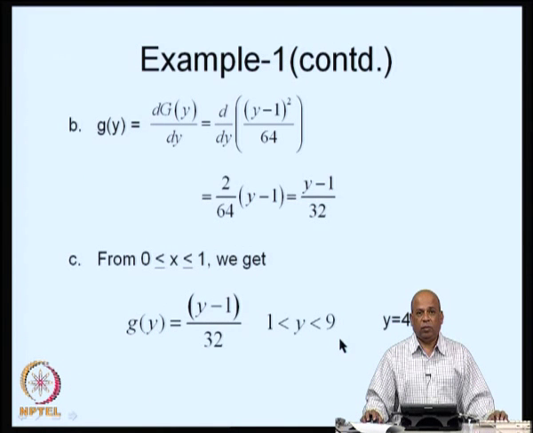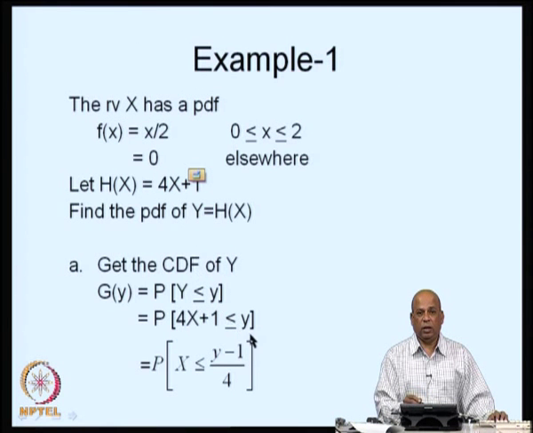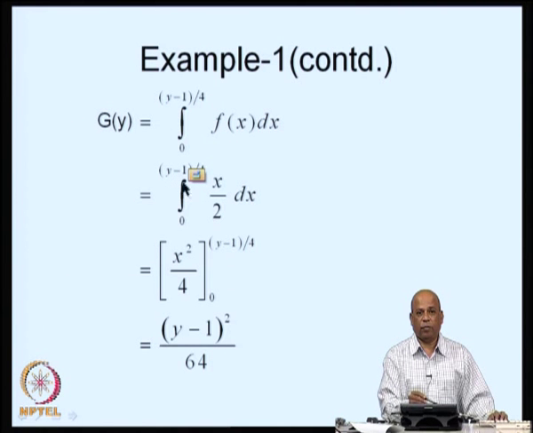Now, you know f of x, which is the density function of x, and you are interested in the probability of x being less than or equal to (y minus 1) by 4, where x varies from 0 to 2. So, we integrate the PDF f of x between 0 and (y minus 1) by 4 to obtain the capital G of y.